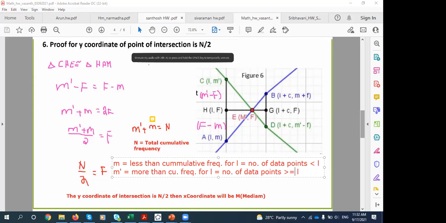Now, number of data points less than L plus number of data points greater than or equal to L: doesn't it cover all possible data points? So this is the reason why M dash plus M is equal to N.